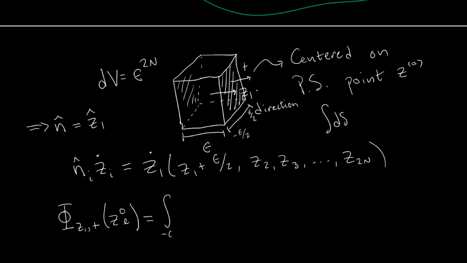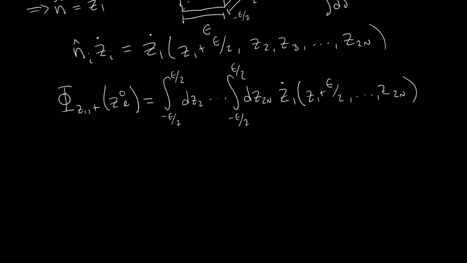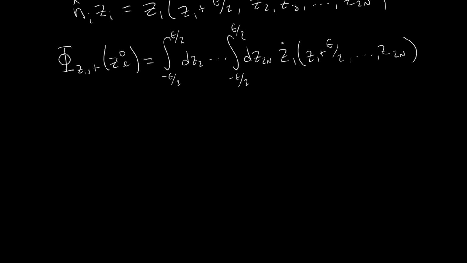This is the integral from minus epsilon over 2, dz2, and all of these other integrals are going to be included in this dot dot dot, dz sub 2n, z dot 1, z1 plus epsilon over 2, all the way up to 2n. Okay, so now I'm going to look, so everything is a small variation.